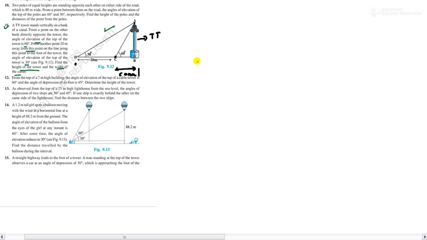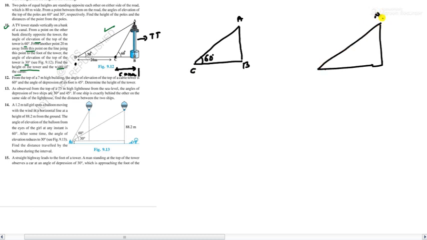Let me draw two figures here. Since they have given A, B and C, let me use that, and the other is A, B and D. Here the angle is 30 degrees.